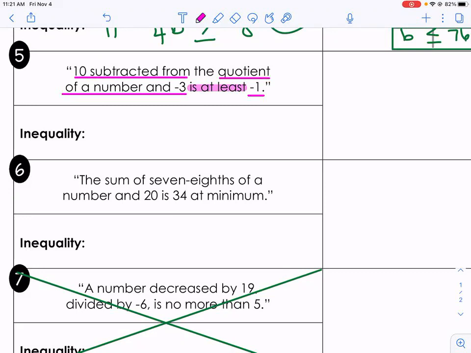Grady, how'd you write number 5? Okay, so you said 10 minus -3a is less than or equal to. Like that? Okay, quotient means what? Quotient means divide.